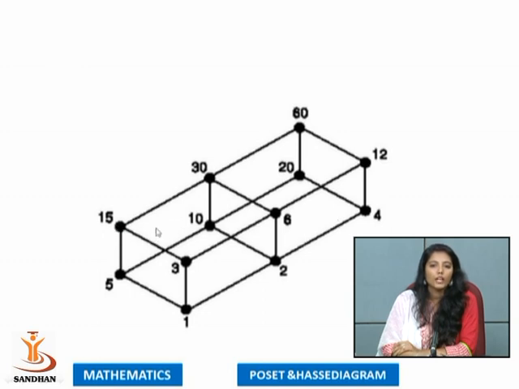Okay, now 15 and 10 are related to 30 here. Also 2 and 10 are related to 20 here. 6 and 4 are related to 12 here. And 20, 30, 12 are all related to 60 here. So we can join by a line.